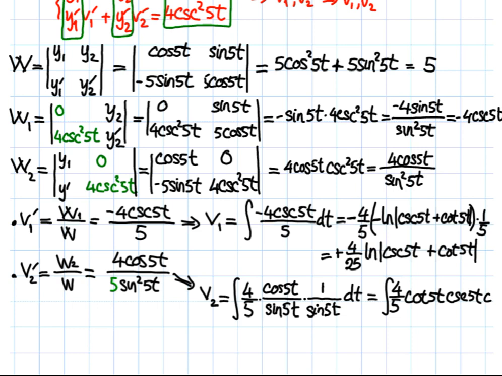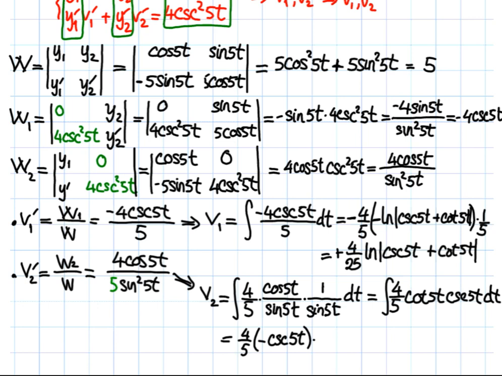Then the integral of cotangent cosecant is going to be negative cosecant of 5t. Yeah, the integral of cotangent cosecant is negative cosecant of 5t.